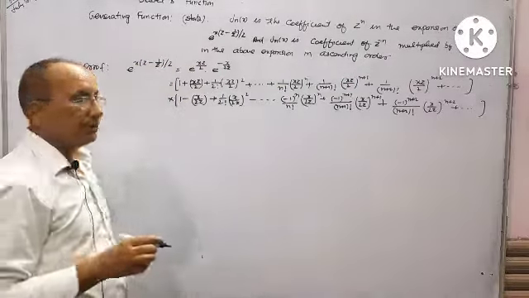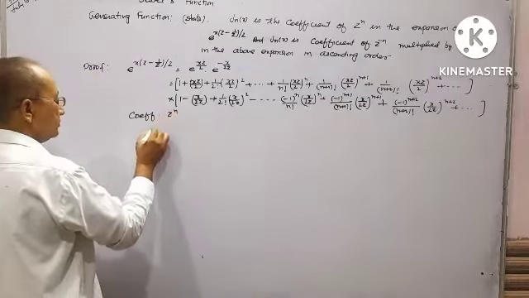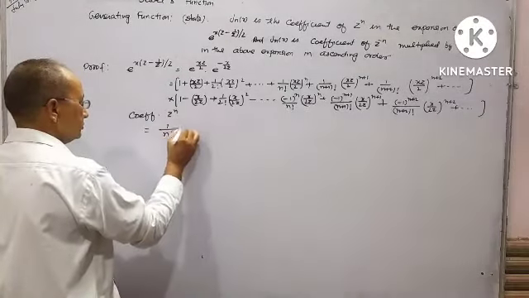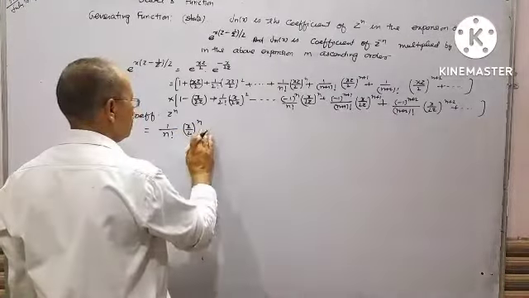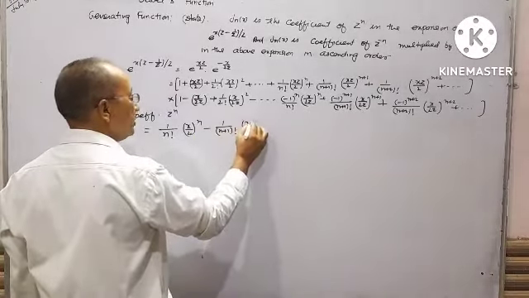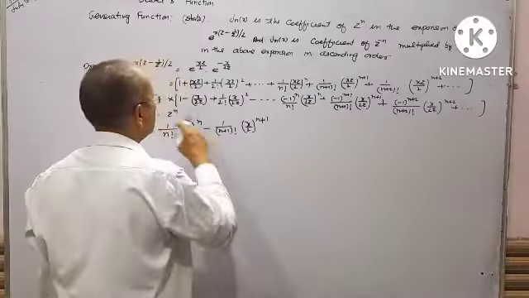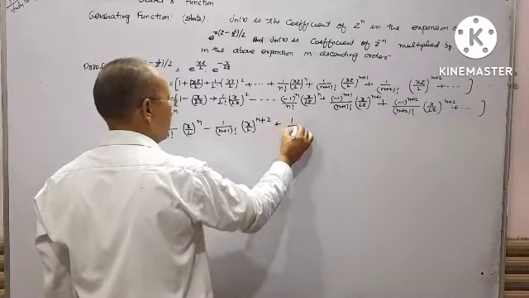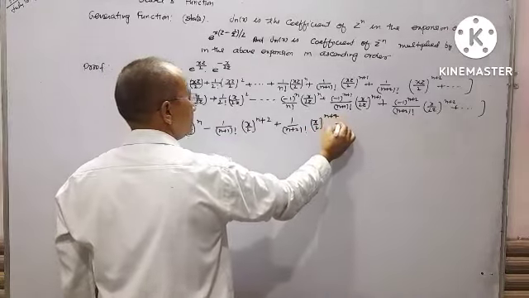Taking the coefficient of z to the power n, the coefficient of z^n is 1 upon factorial n (x/2)^n minus 1 upon factorial n+1 (x/2)^(n+2) plus 1 upon factorial n+2 (x/2)^(n+4) minus and so on.